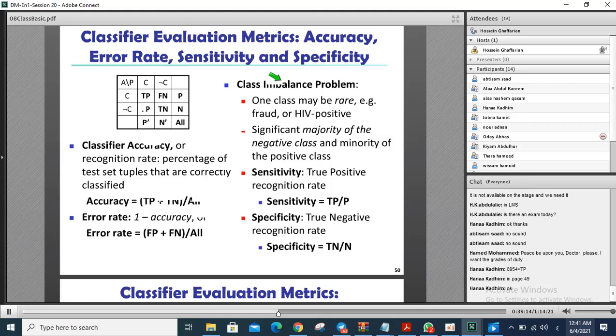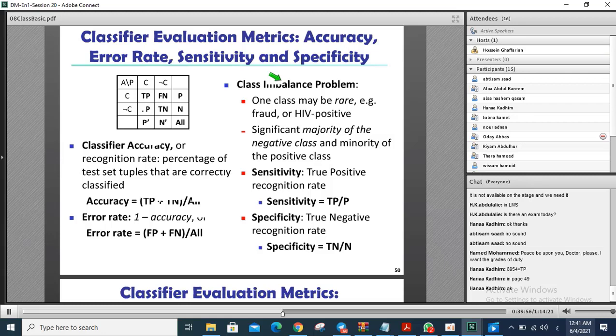In all of these cases, you can see that there is a minority and a majority class in the dataset. The majority class has most of the records, and the total number of records belonging to the minority class is just a few.